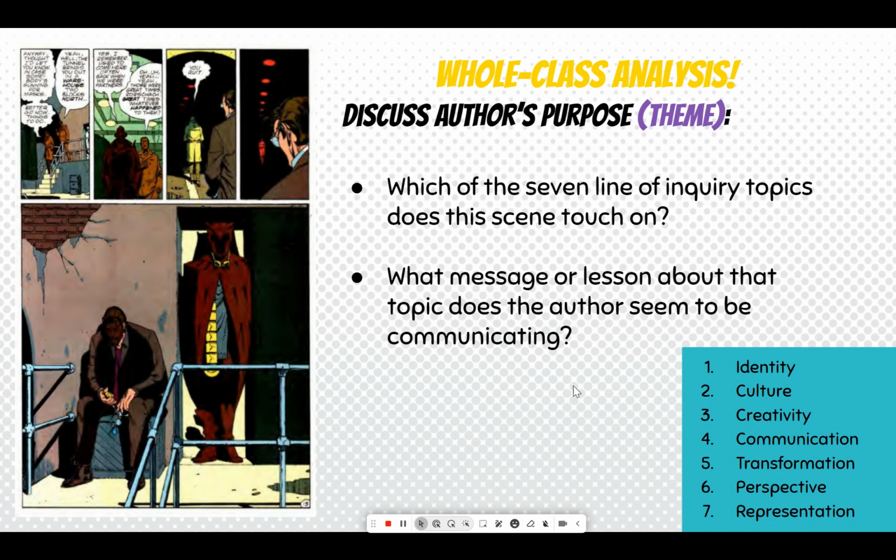For the purposes of focusing our efforts today, I'm going to tell you that this scene has a message about identity. Please take a minute or 2 and do some brainstorming about what you think that message is. What do you think Alan Moore and Dave Gibbons are trying to say about someone's identity using just this scene?